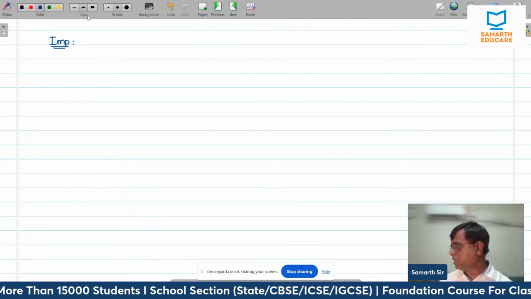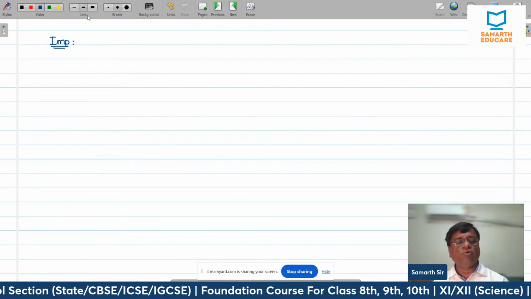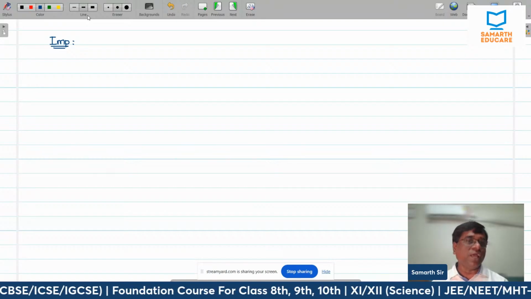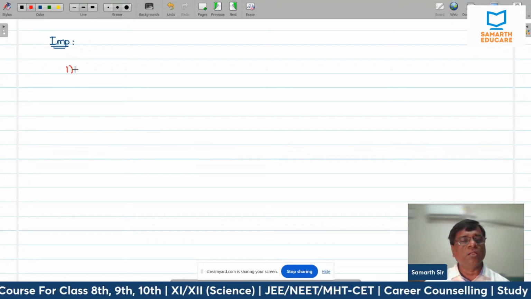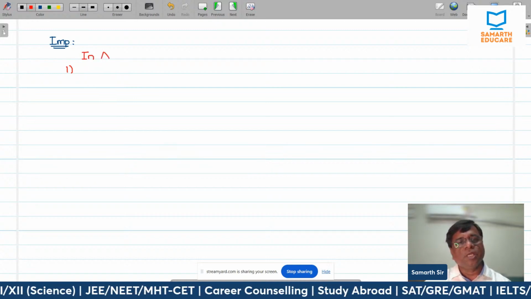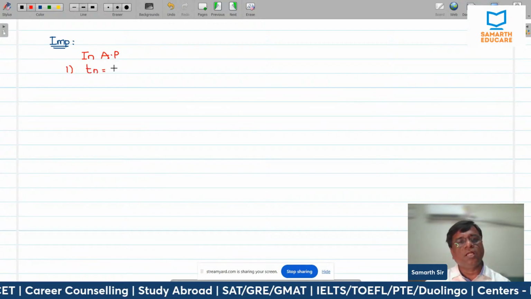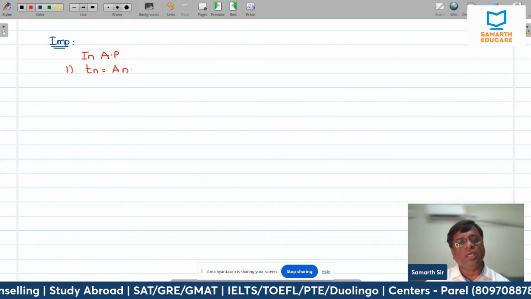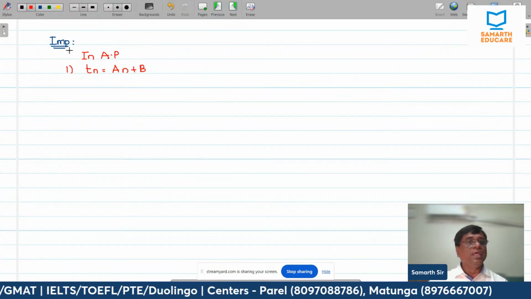Don't use all this anywhere else, because in case this type of problems are there, you have to solve them. But for MCQs, remember this point number 1. In any AP, the nth term is always of the form an plus b. Its answer will always be of the form an plus b.